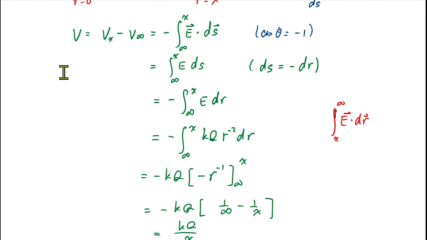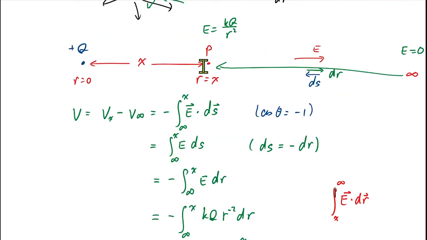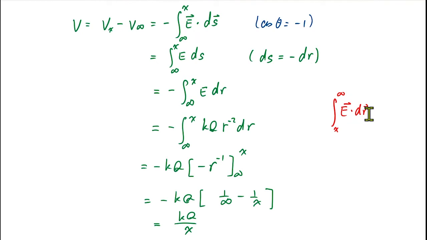So if you have a test charge at this point, then the electric field will push a positive test charge to infinity. Correct? That's this integral, and that's what we have over here, isn't it? And that will give us the opposite, negative kQ over x. Do you see that? Because we are not putting this negative sign and this thingy away. This thingy will give us this thingy, right?